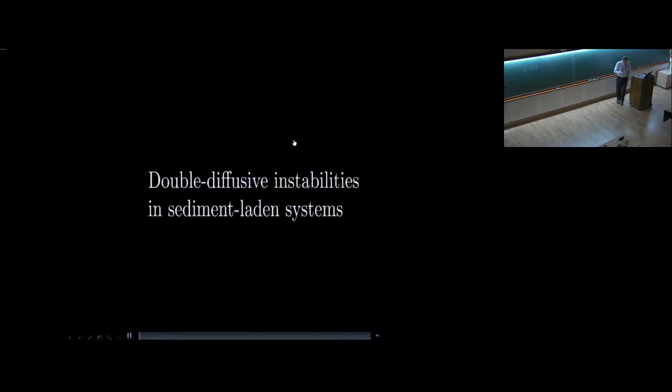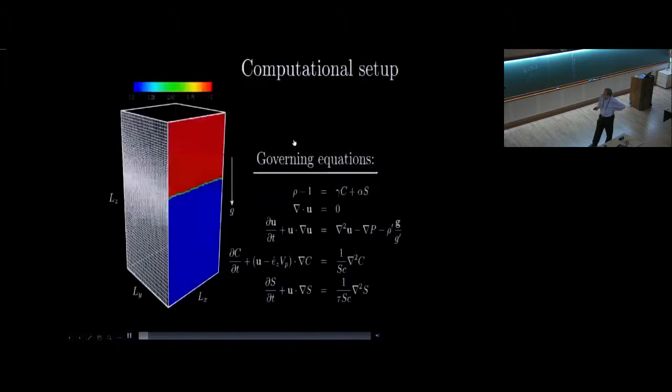And now we can look at a movie of a simulation like this. It's exactly the situation that I described before. We have fresh water and sediment above salt water.